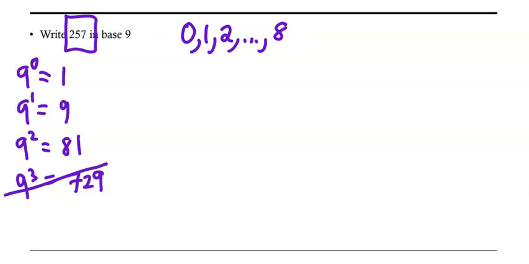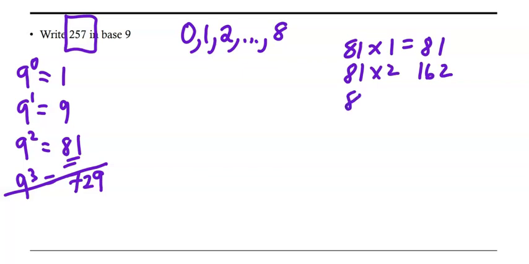All righty, once again, we're asking ourselves how many times does 81 right here go into 257? Well, again, you can just do 81 times 1, 81 times 2, which is 162, 81 times 3, which is 243, and that's going to be the one that works, because if you do 81 times 4, you're going to get a number bigger than 257.